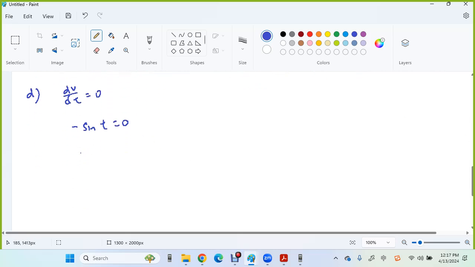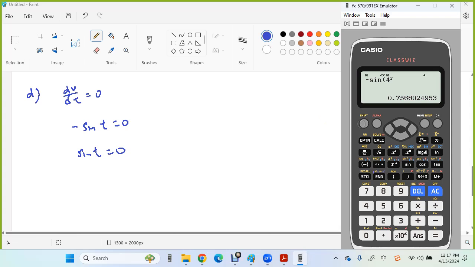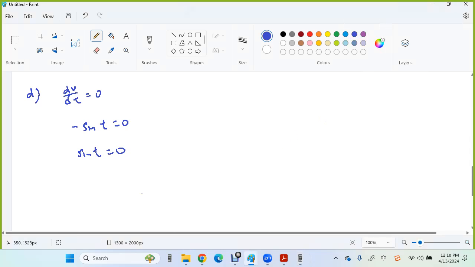So we have sine t equals 0. Then sine is 0 at 0 or pi. So the time equals pi.